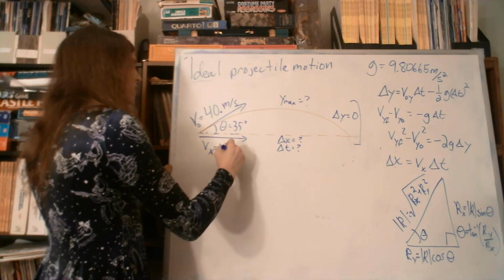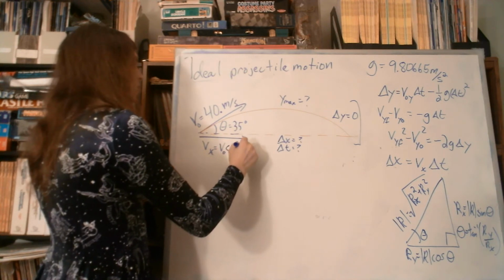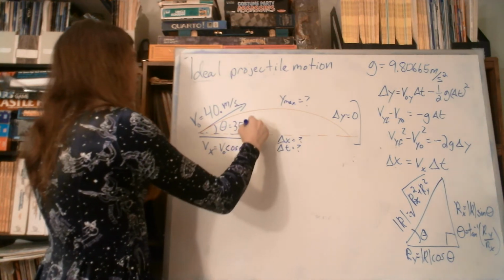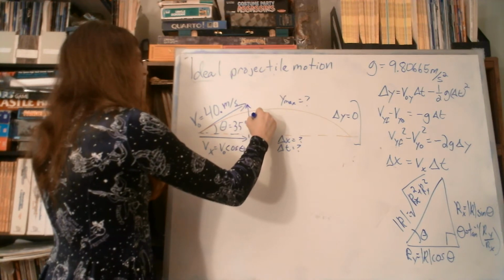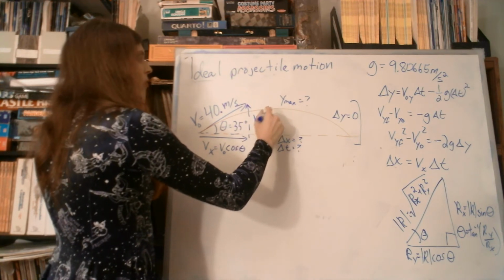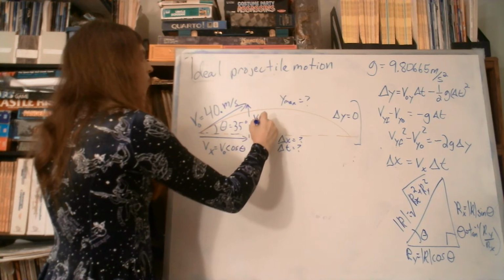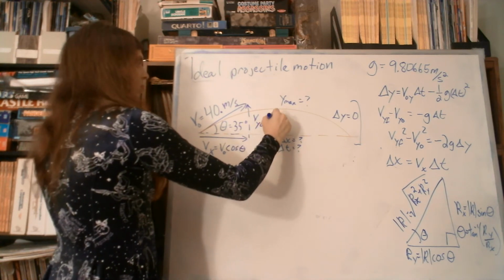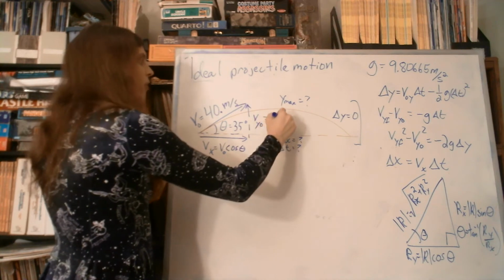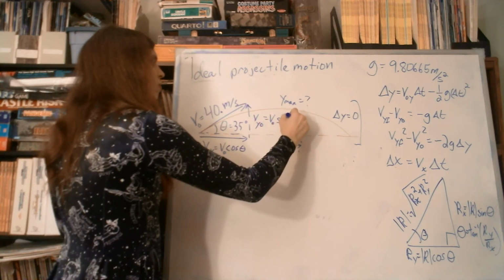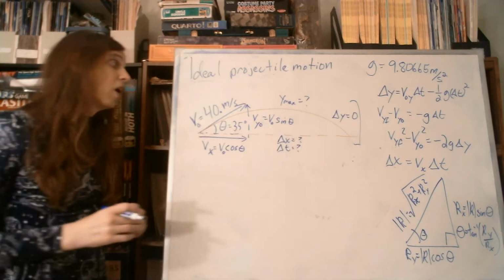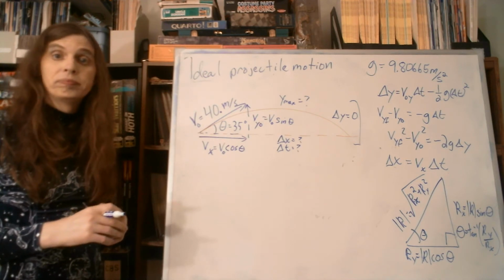That's going to be v naught cos theta. And what is the y component of the original velocity as well?